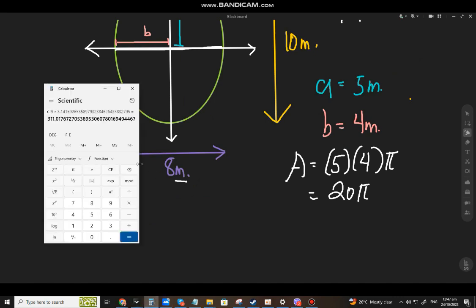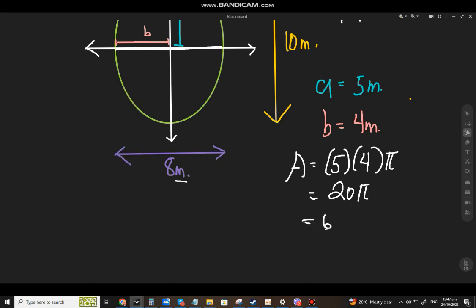Now, if you want to get the exact answer, you can use your calculator. 20 times pi. That will be 62.83. Is that the final answer? Of course not. We have units here, so you have to place meters, and of course the exponent too.